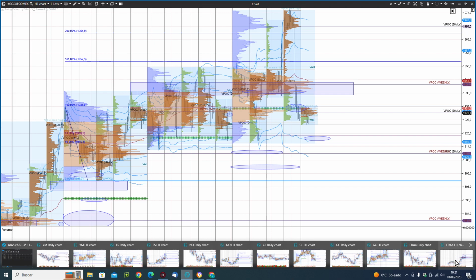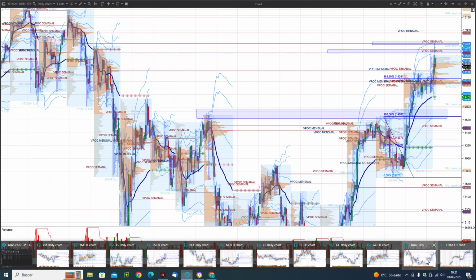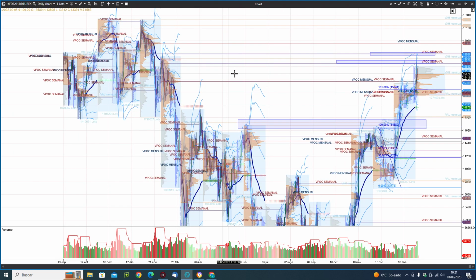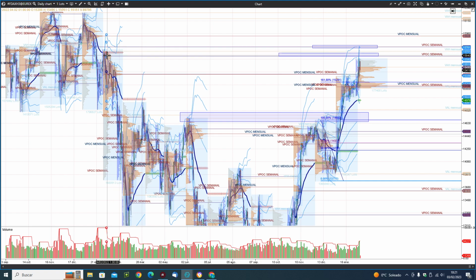Let's talk about DAX. Let's refresh. And first of all, we must see the long-term graphic. We have here a naked weekly VPOC and another naked weekly VPOC.